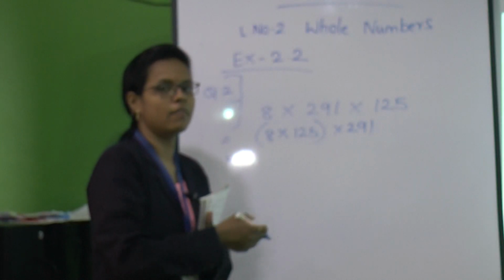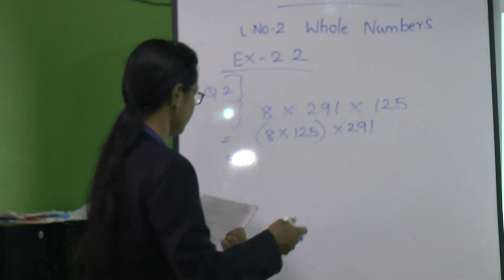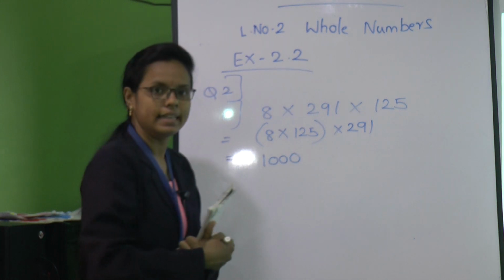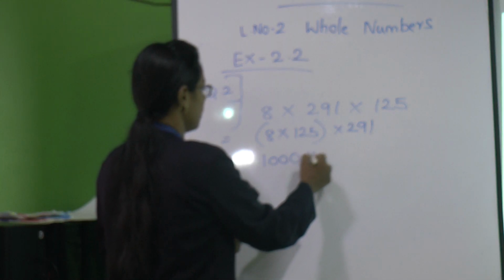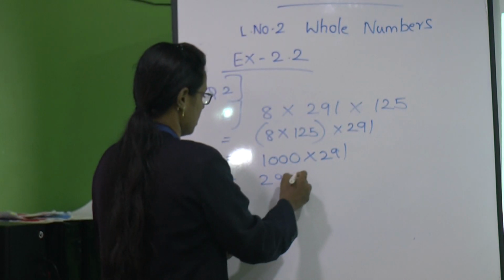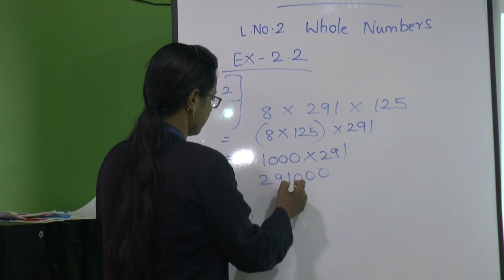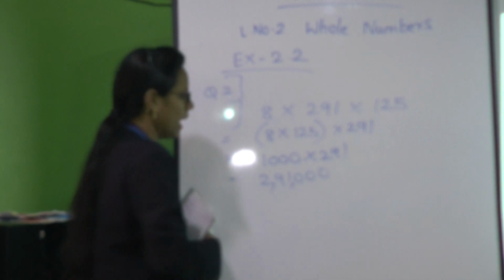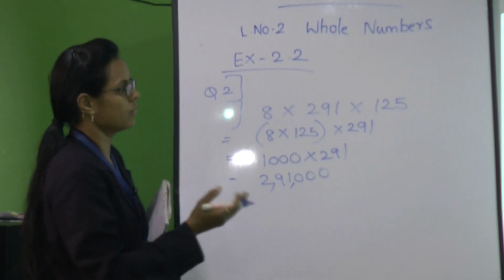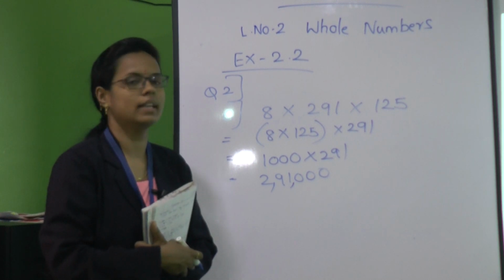So, what is the answer of 8 multiplied by 125? It's 1000. And when we multiplied it by 291, we get the answer 2,91,000. Okay. So these were the examples to do the rearrangement.